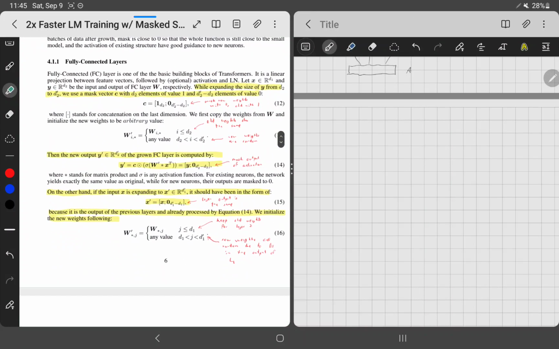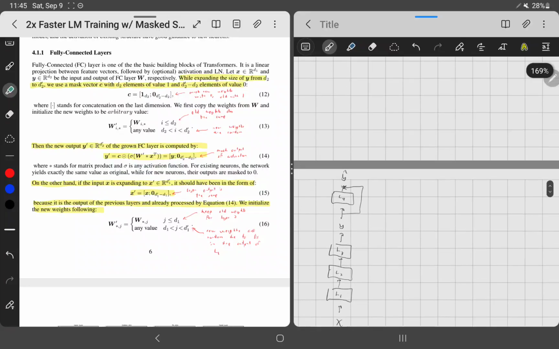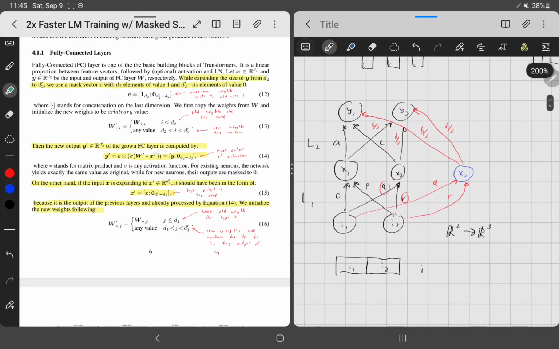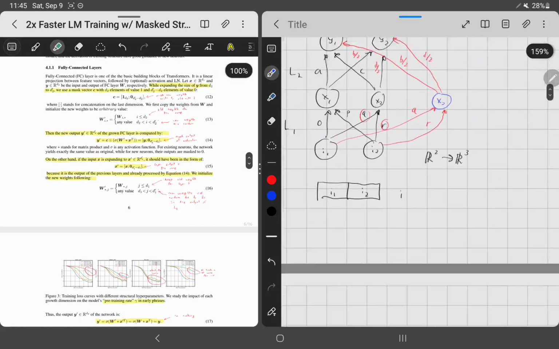First, how do you expand a fully connected layer? It's pretty simple. So if we go back up here, and we have our 2-part vector, it's a very simple algorithm or procedure, I would say.